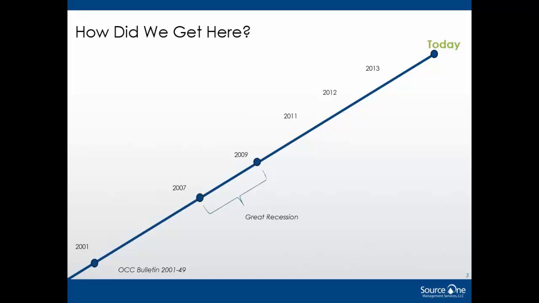But then from 2007 to 2009, we obviously had the Great Recession. A lot was born out of that. We had the U.S. Financial Crisis Inquiry Commission, which had a number of findings, but overall stated that the crisis was avoidable.